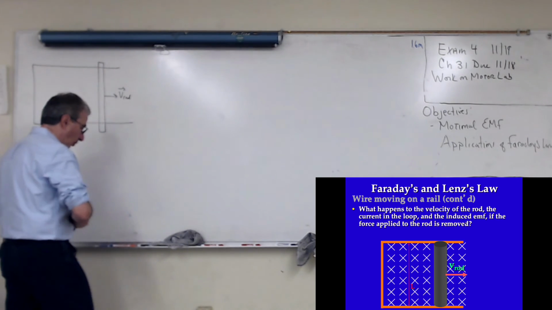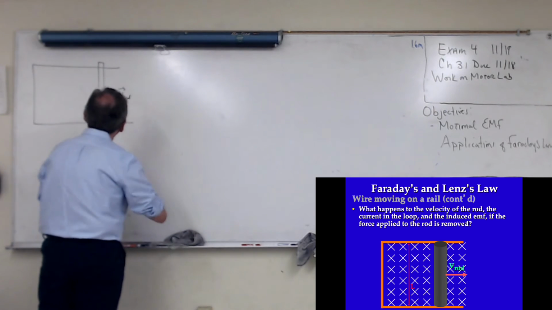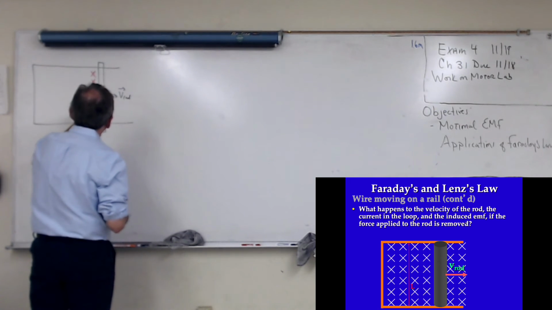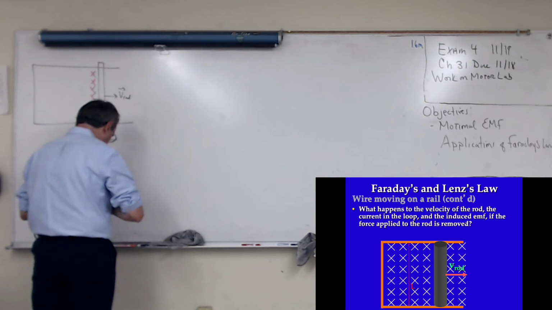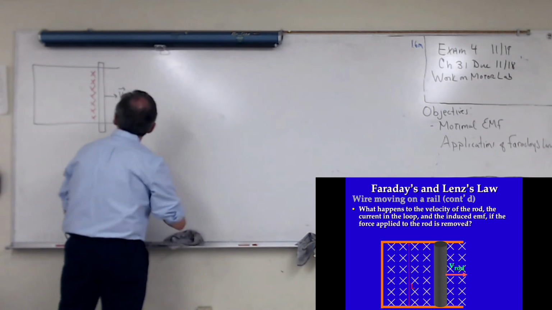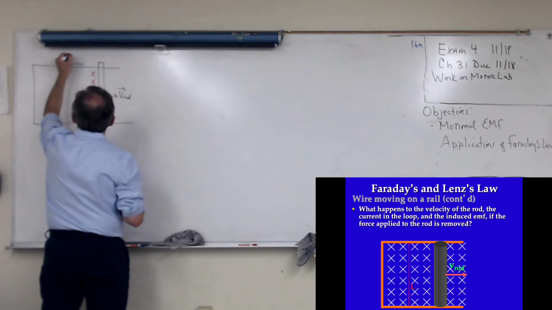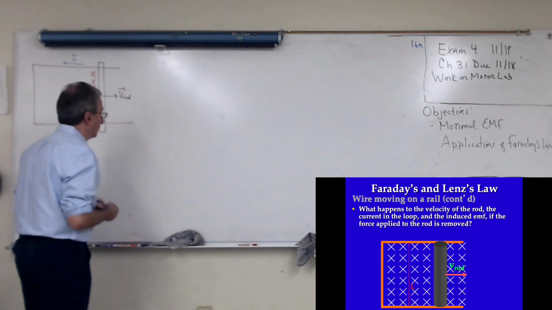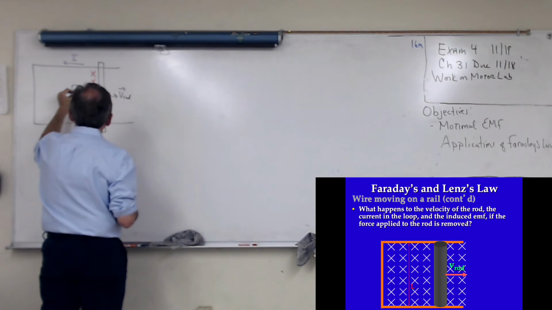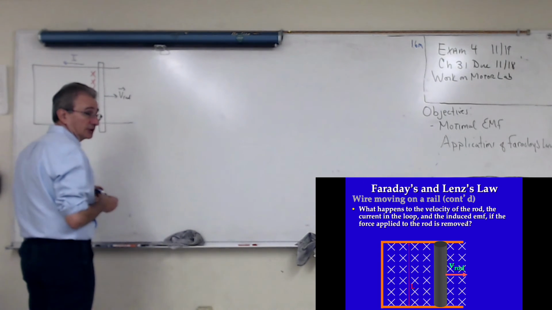So the field's into the board like before. And we know that the current that's induced is this way. We know that the force that's produced by this current is to the left.